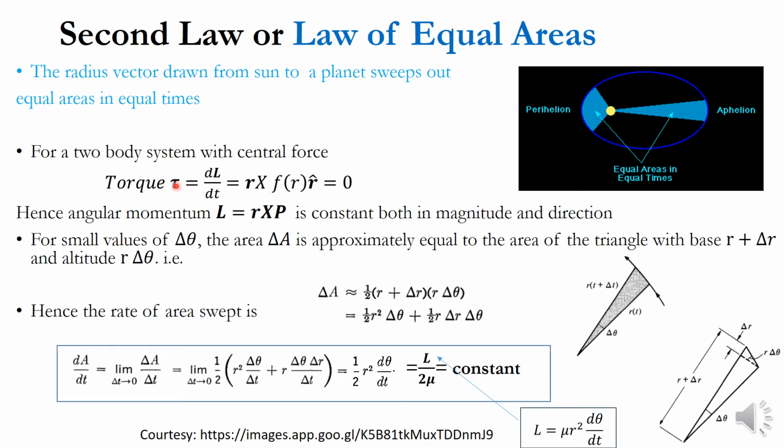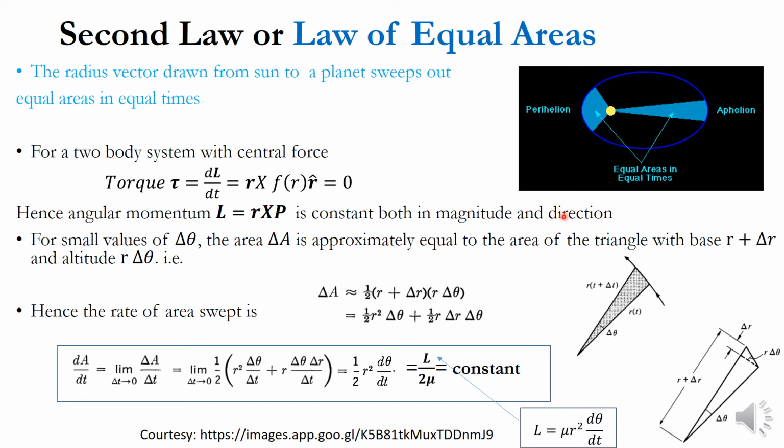So this torque is 0, means this dL by dt is 0, that is this L is a constant, that is the angular momentum L equal to r cross p is a constant, that is constant both in magnitude and direction.